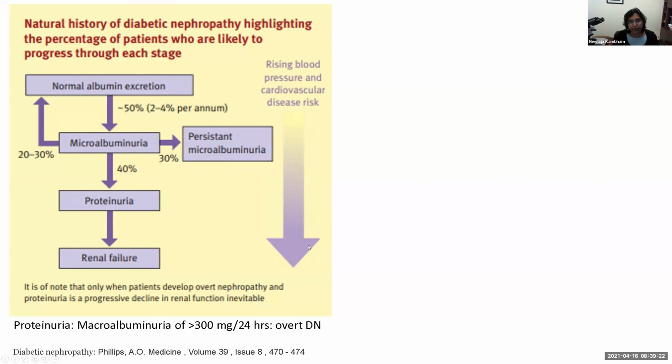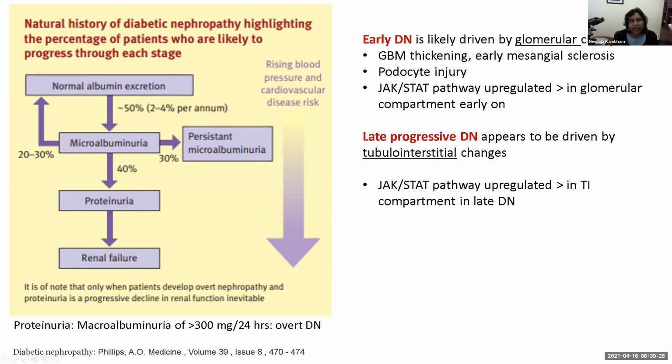As it progresses, of course, the blood pressure and cardiovascular disease risk also increase. Early diabetic nephropathy is perhaps driven by the glomerular changes like GBM thickening, mesangial sclerosis and podocyte injury, whereas late progressive diabetic nephropathy is probably driven by the tubulointerstitial changes.